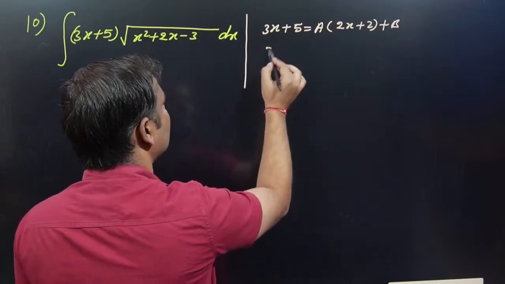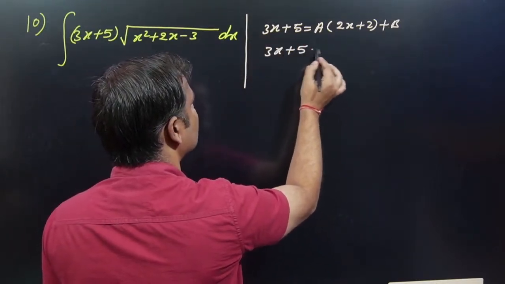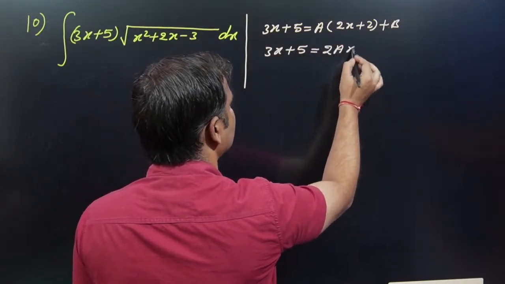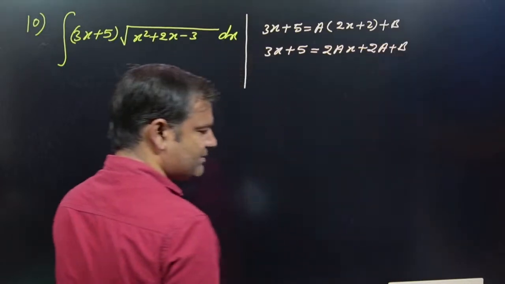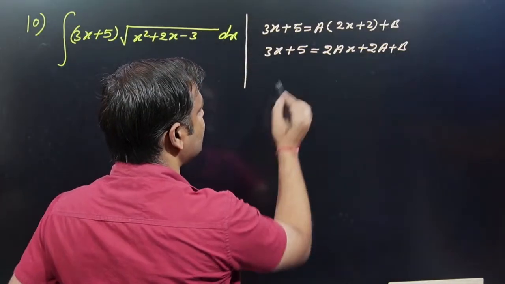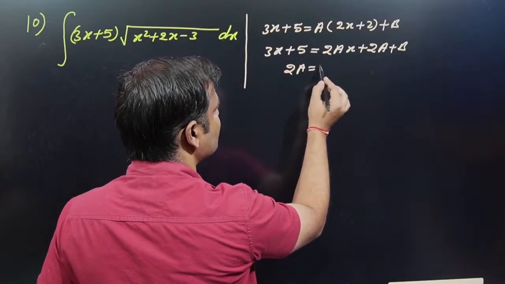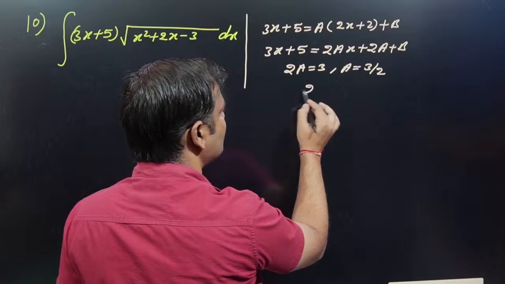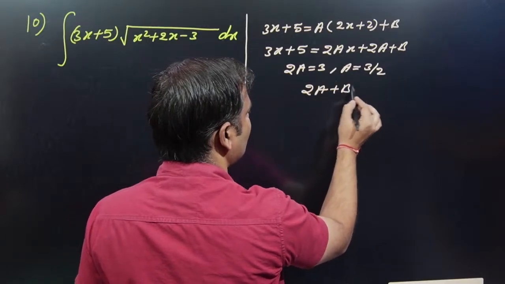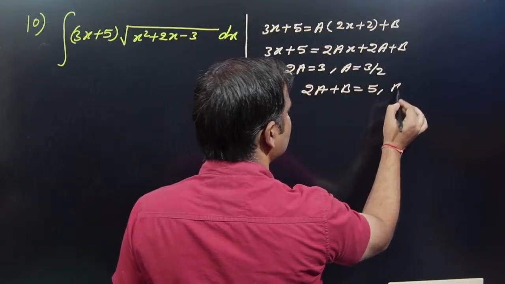Now compare. 3x plus 5 is 2a into x plus 2a plus b. So you can say that 2a equals 3. So a is 3 by 2. So 2a plus b equals 5. So b is how much?